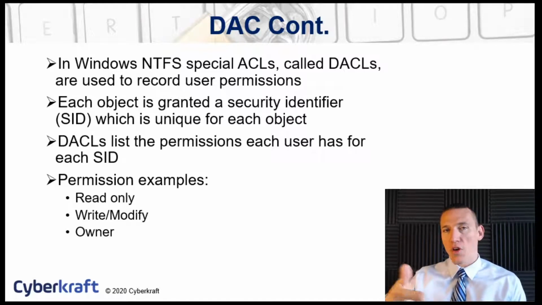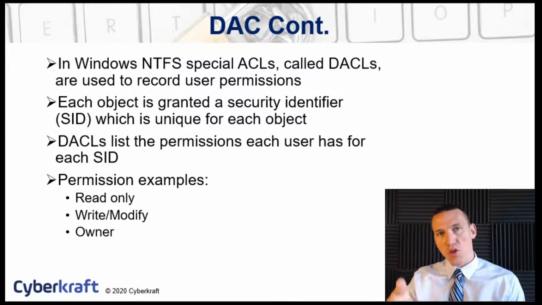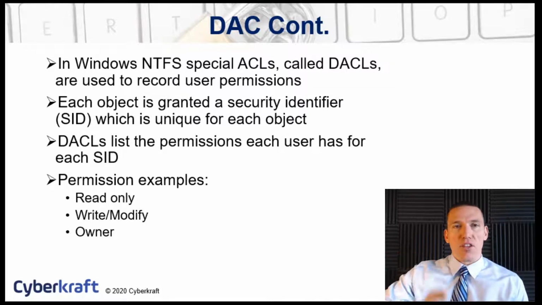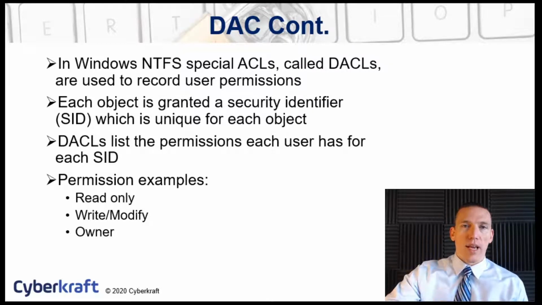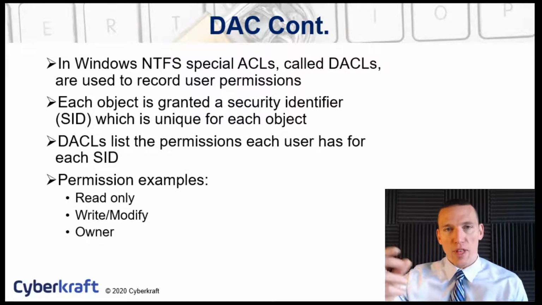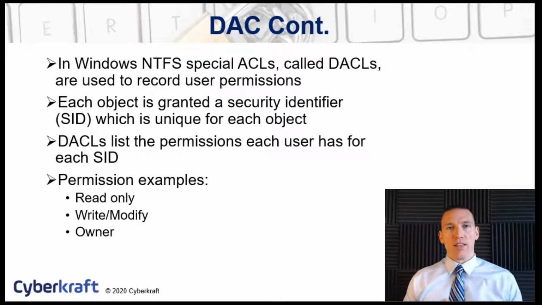So this all happens in the background of the Windows operating system. Users rarely, if ever, get to see a security identifier. Unless you go looking for it, you're not going to know this exists. But that security identifier is used to identify uniquely each file and folder on the operating system so that ACLs can be kept.